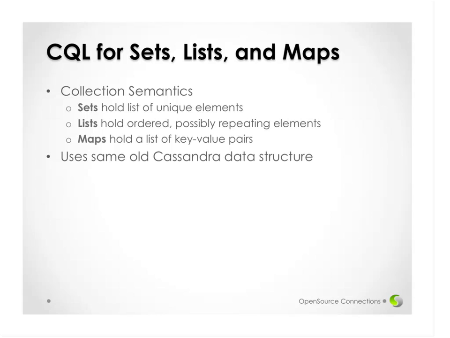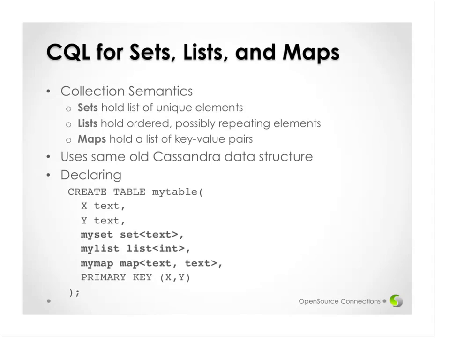The cool thing about how sets, lists, and maps work with Cassandra is it's using the same old data structure that I showed at the very beginning of the slides. So once you understand the mapping, then you can understand very clearly what Cassandra is going to be fast with, why some queries will and will not work. Let's dig into exactly what this looks like.